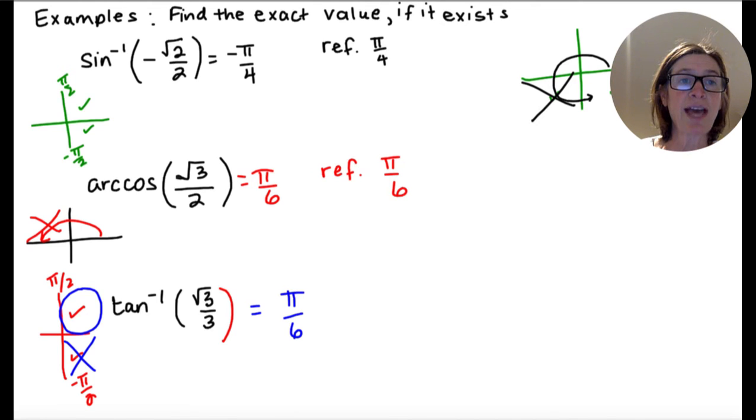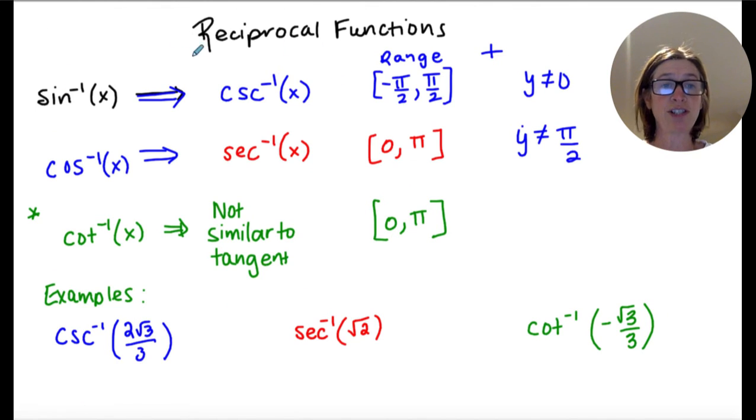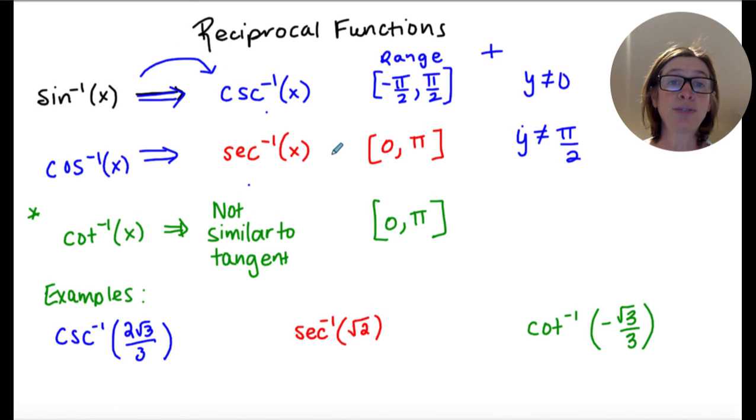Now let's look at the reciprocal functions, so cosecant, secant, and cotangent. A couple of things. Sine and cosecant, while they're reciprocal functions, the inverses you have to be really careful with. Sine is related to cosecant, so it has the same range, but we have to remember to add something to it: y cannot equal 0 when we're dealing with cosecant.